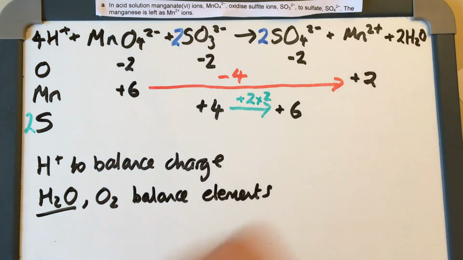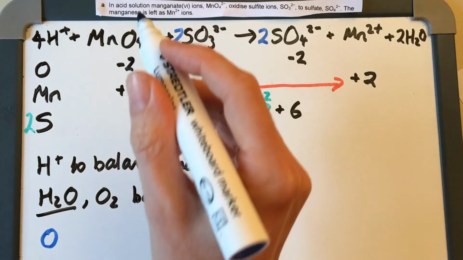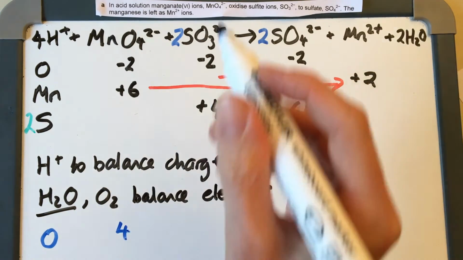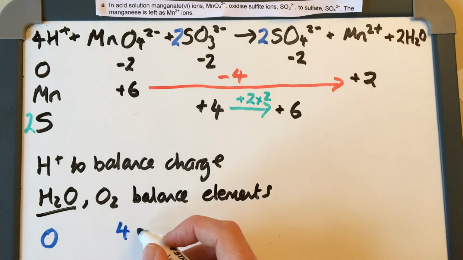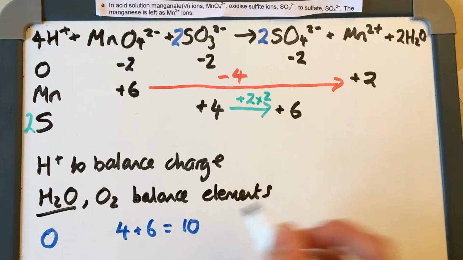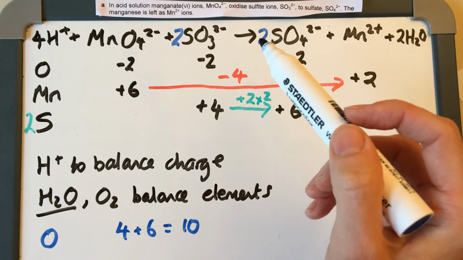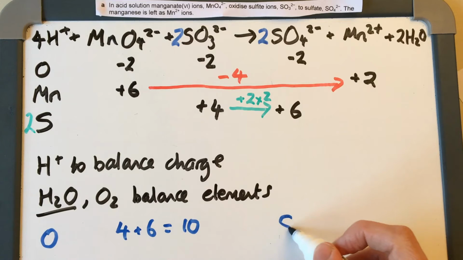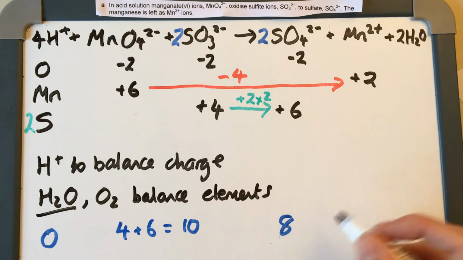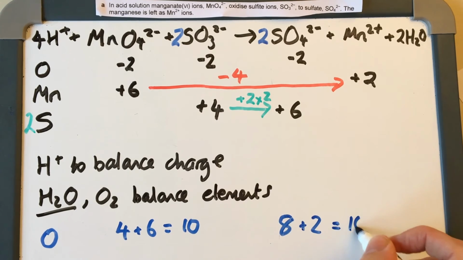So we've got 4, this is checking oxygens. We've got 4 here and 2 times 3, 6 there, so that's 10. Over here we've got 2 times 4, that's 8, plus 2, that equals 10. So actually the oxygens are balanced already. So that should be our finished equation.